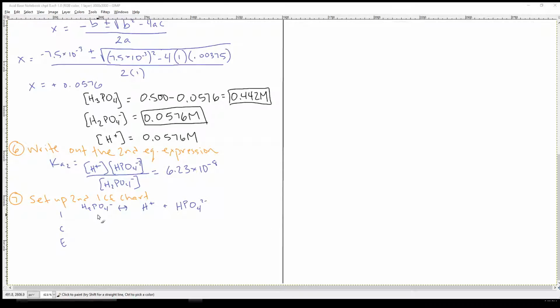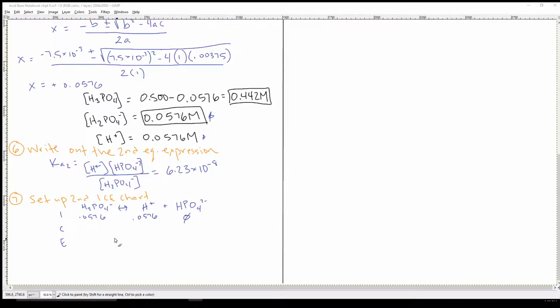My starting concentration of H2PO4 minus is the same as the one I have written up above, 0.0576. Now usually we say there aren't any products at the beginning. But here's the thing: our last reaction created some hydrogen, so I need to include it. And HPO4 2 minus has truly not been created yet, so that's not in my ice chart.